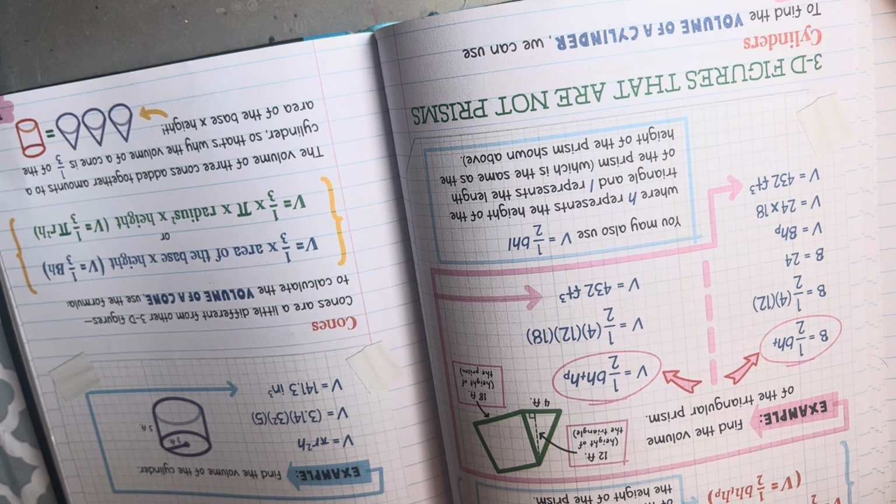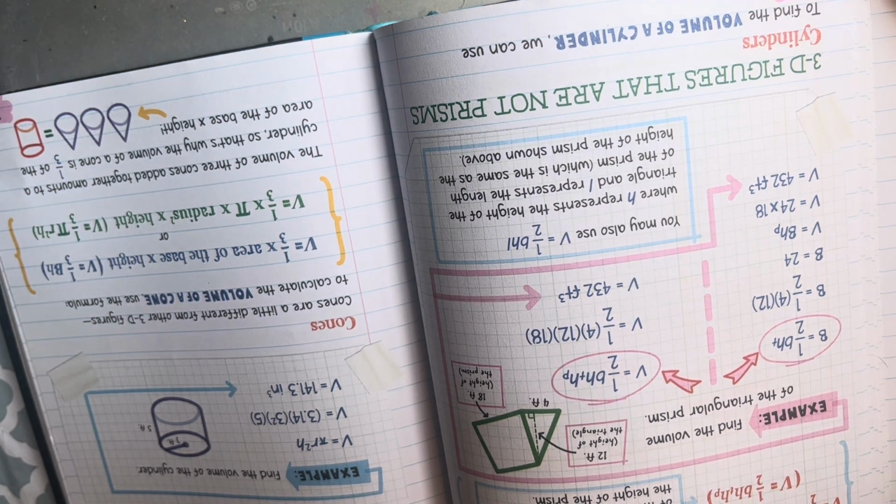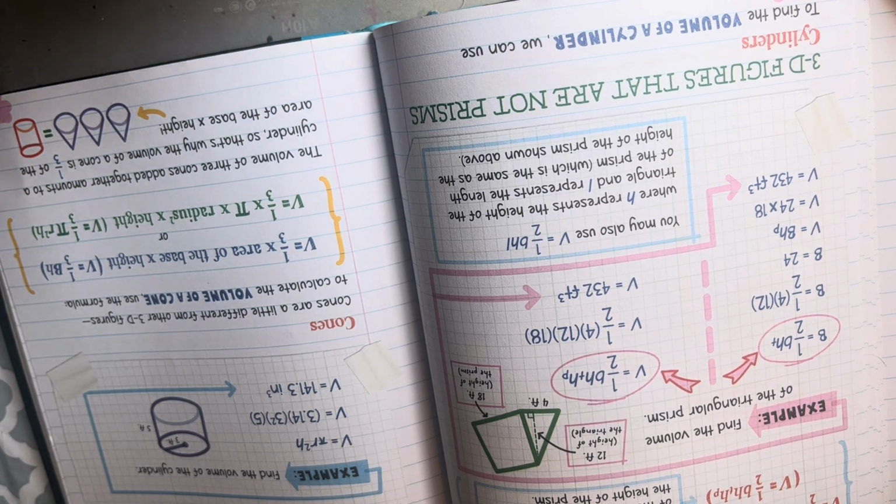So, example: find the volume of a triangular prism. The height of the triangle is 12 feet, the base of the triangle is 4 feet, and the height of the prism is 18 feet. B equals 1/2 times b times h.